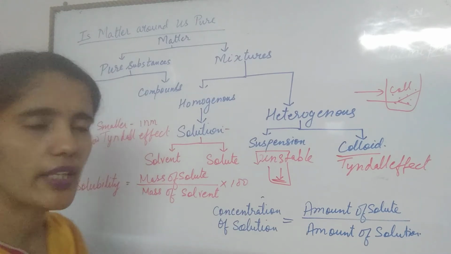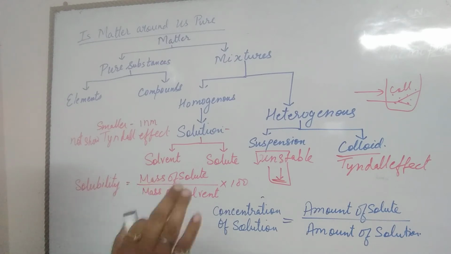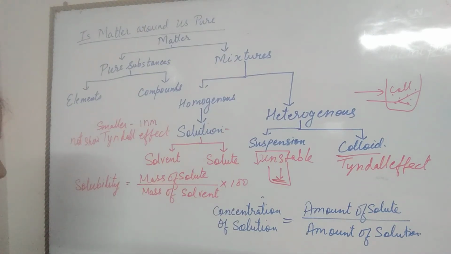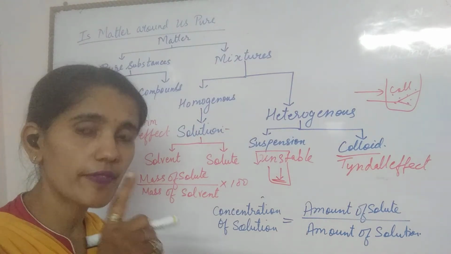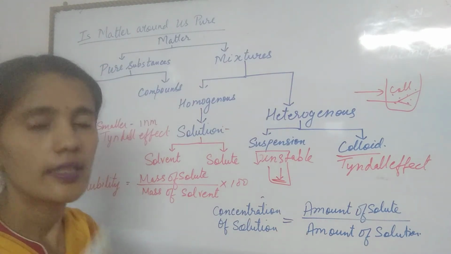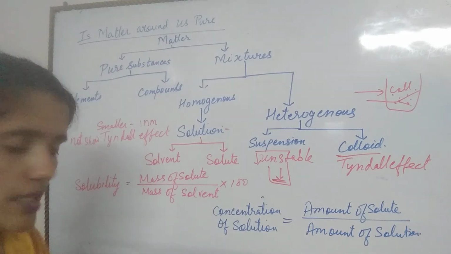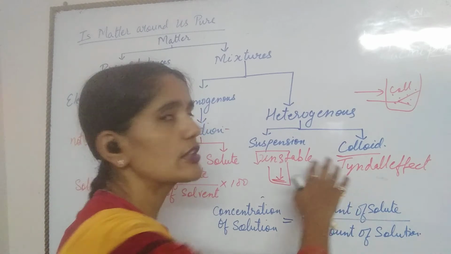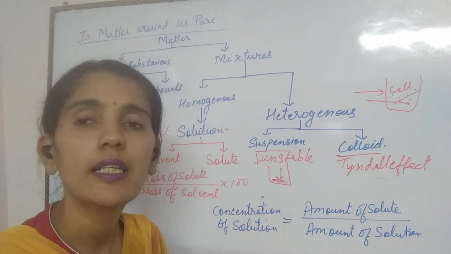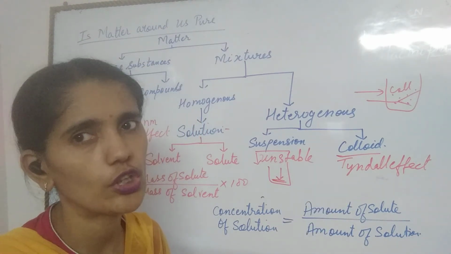Even a solution of starch is solid and liquid. Then there is gas in solid. So these are the different types of colloidal solution.